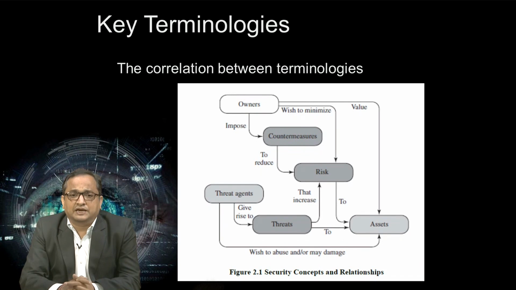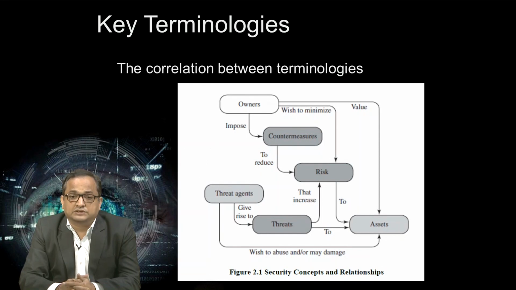So here let's discuss about the correlation between different terminologies. So we have different objects here. So we have honor. So they have various values, they have various assets. Now there might be some sort of risk associated with it. There might be some sort of threats by any particular threat agents.